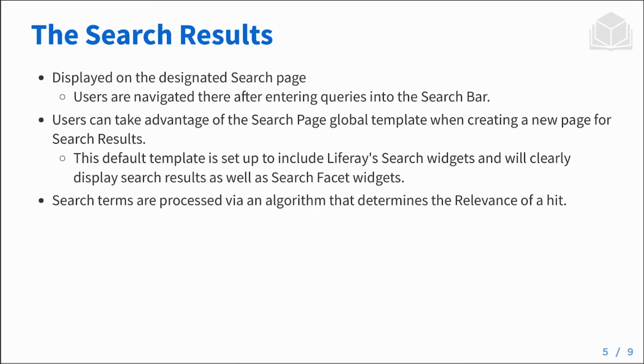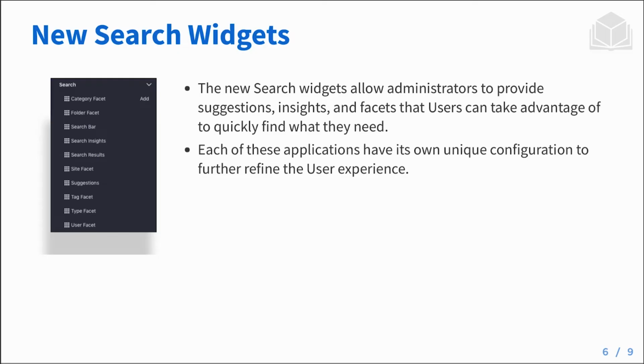Now on the search results page, we can take advantage of a number of options. We do have a search global page template that we can just use that has a standard default for our search page, or we can take advantage of some of the widgets available. So what new widgets do we have?